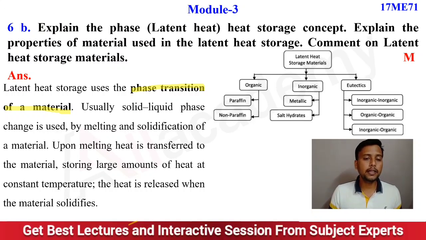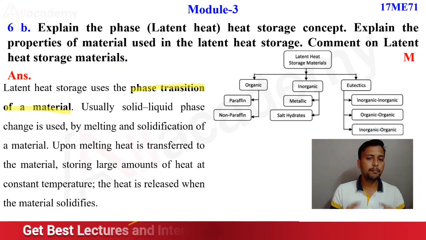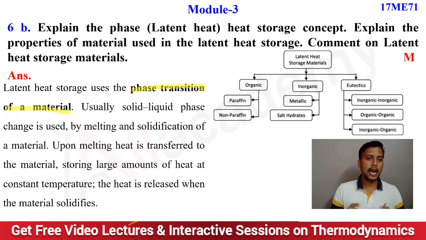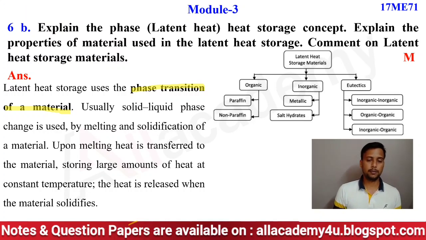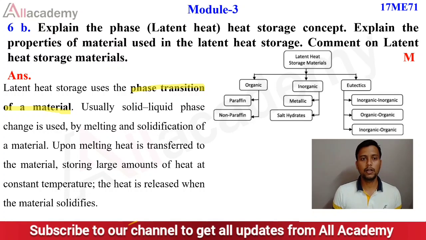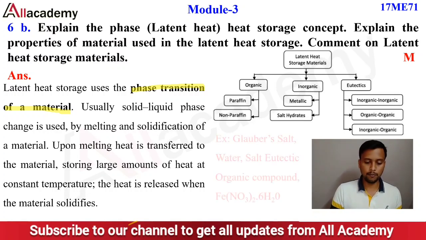Then for the properties, in the G.D. Rai textbook they have clearly mentioned 9 points that tell the properties of a material that can be used for latent heat storage, so it can be used as a heat storage substance or in heat storage systems. If you have written those points, then you will definitely get complete marks.